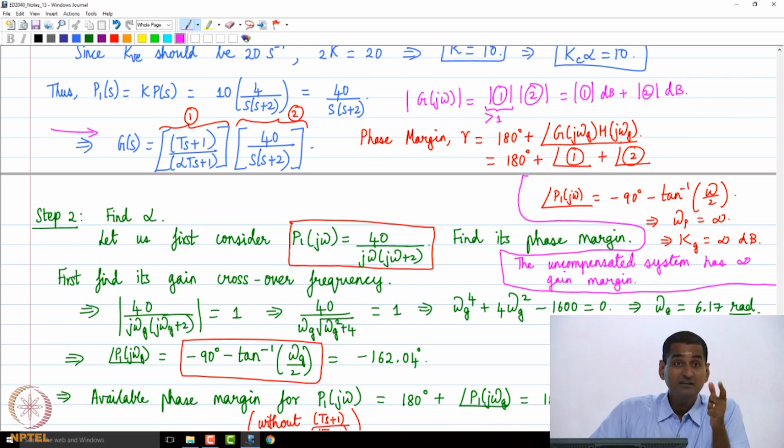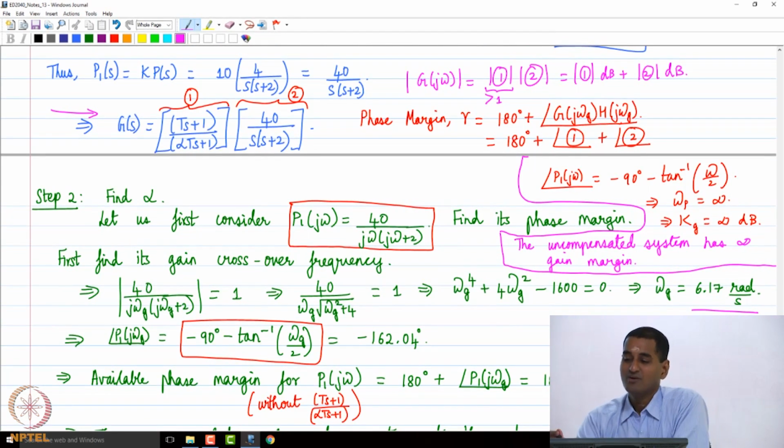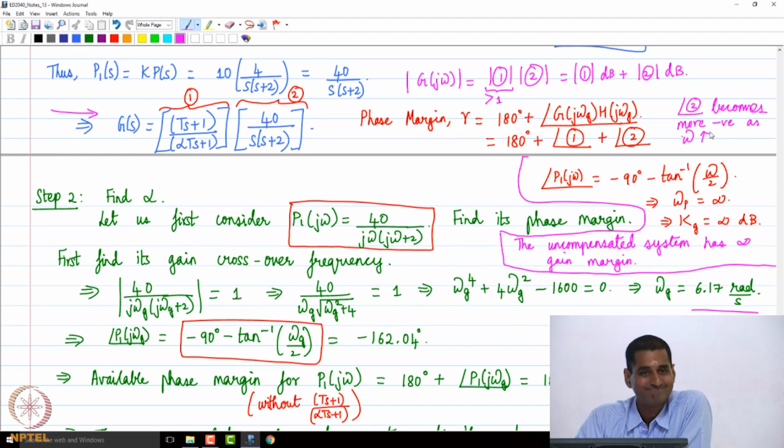But if the gain crossover frequency increases, what will happen? Note that the phase of 2 becomes more negative as omega increases, right? So with the new, higher gain crossover frequency, the phase contribution of factor 2 will be more negative.